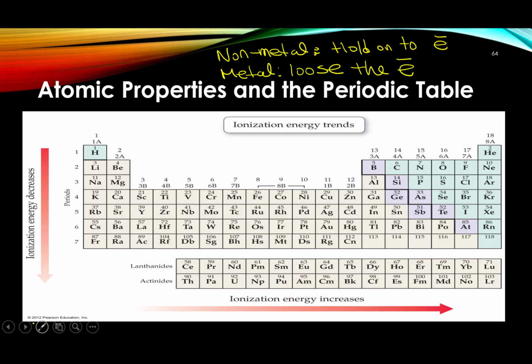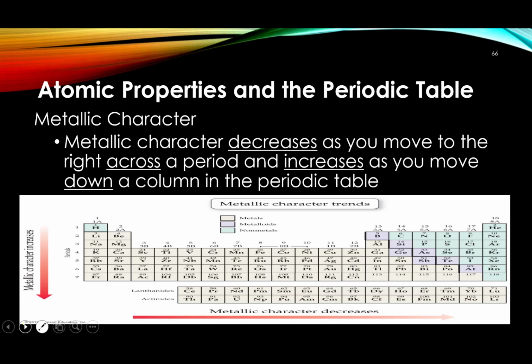As you can see here, metallic characteristic is the exact opposite of ionization energy. Metallic characteristics decreases from left to right, increases from top to bottom. Look at francium, it's the highest metal. It's the metal with the highest metallic characteristics.